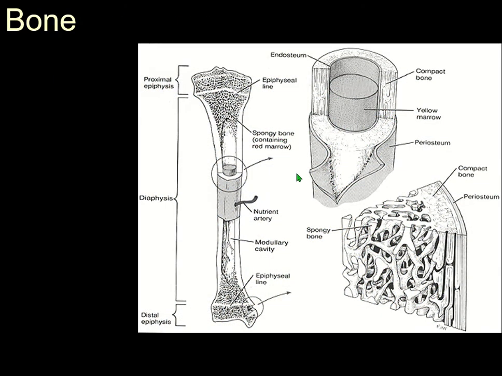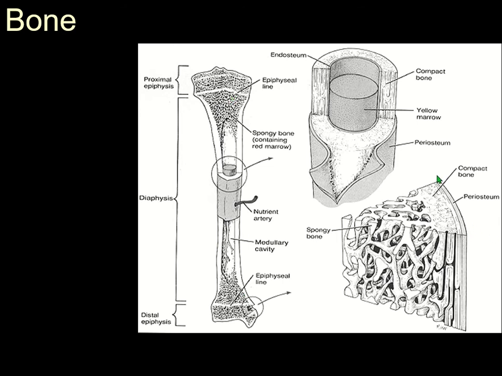So bone. Bone is also quite interesting. We get a lot of bones in the archaeological record, including human bone. This actually looks like a human bone and shows the kind of structure of bone. You'll have the compact bone here in the long bones, and you'll have the spongy bone at each end.